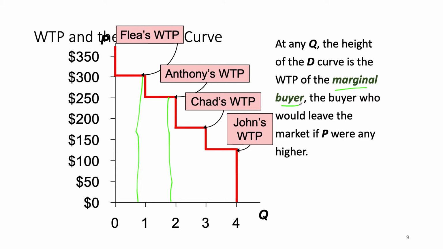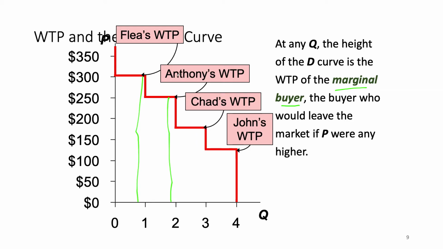The marginal buyer is a crucial concept. The marginal buyer is the buyer who is going to be willing to leave the market if the price were any higher. He is marginal in the sense that if the price moved from 250 to 251, Anthony would immediately leave the market because it's above Anthony's willingness to pay. So when the price is between 250 and 251, the marginal buyer is Anthony.